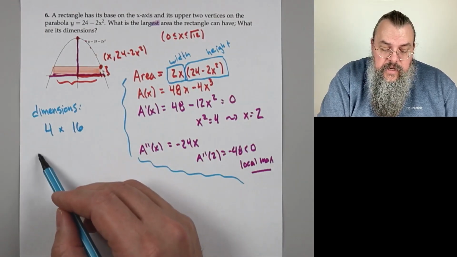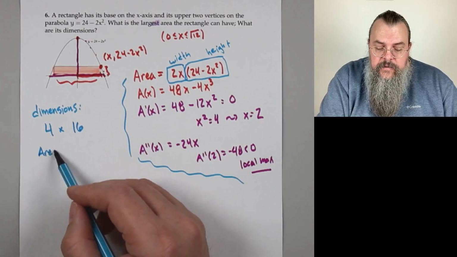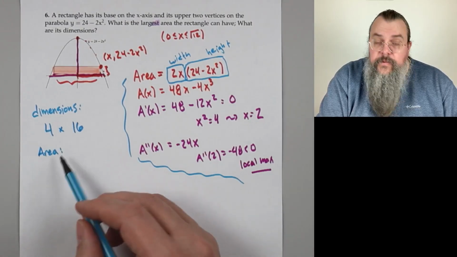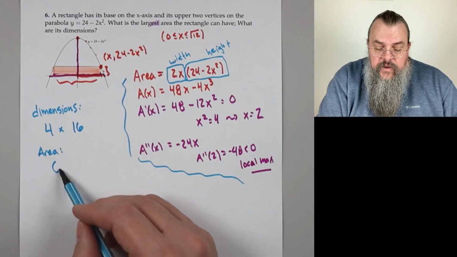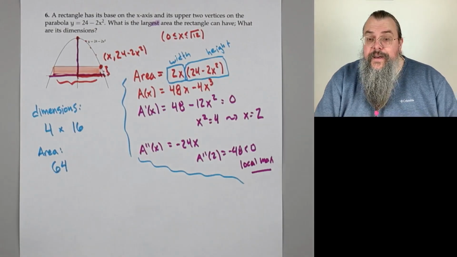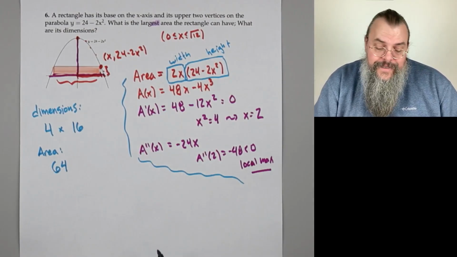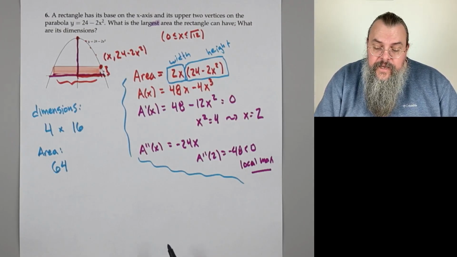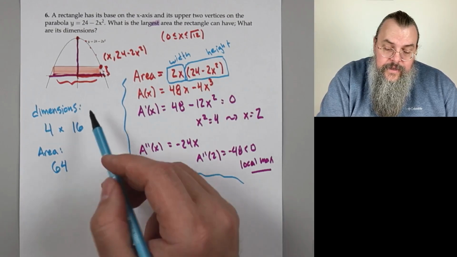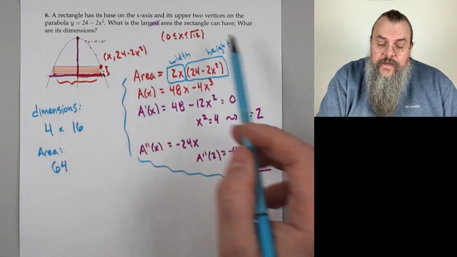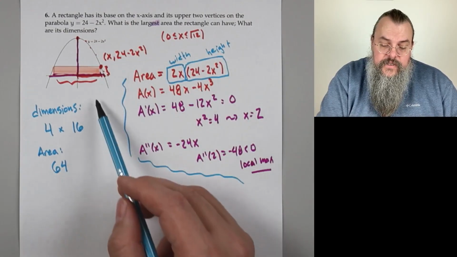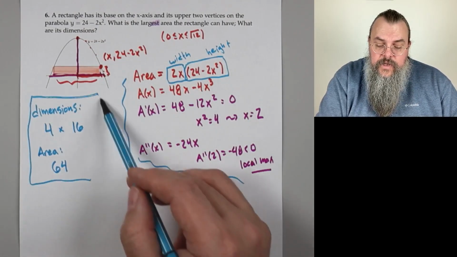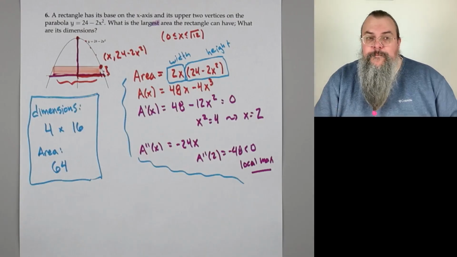And so the maximal area would be 4 times 16, which is 64. And there we go. That's our lovely, lovely answer. We found the largest area, and we found its dimensions, and so we're done. Life is good.